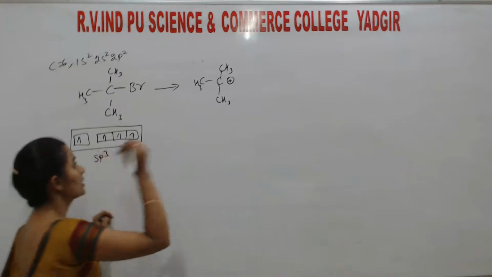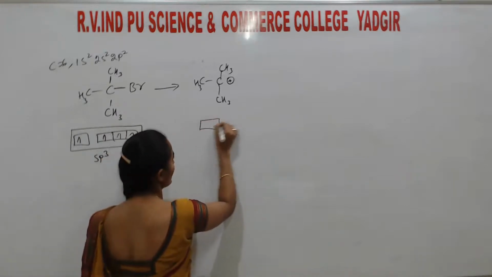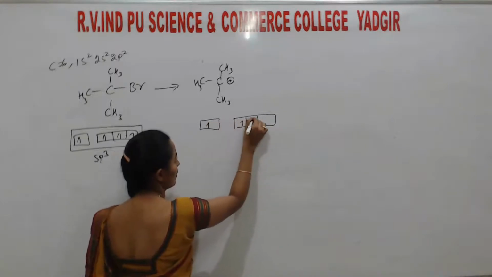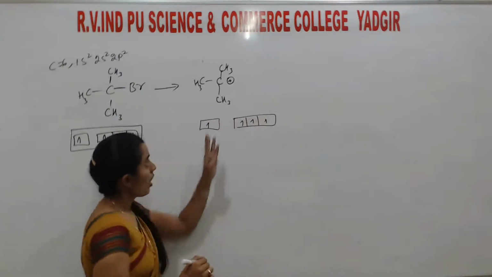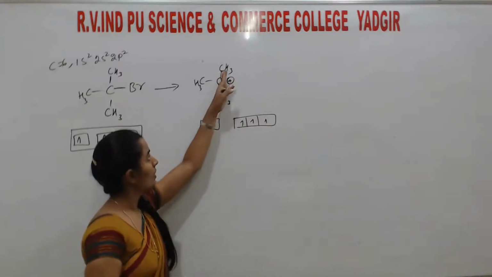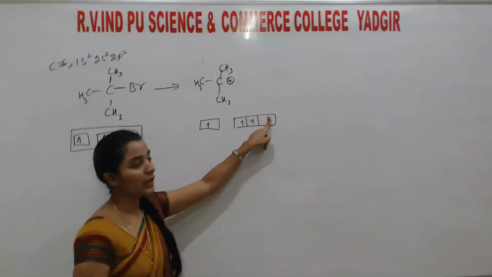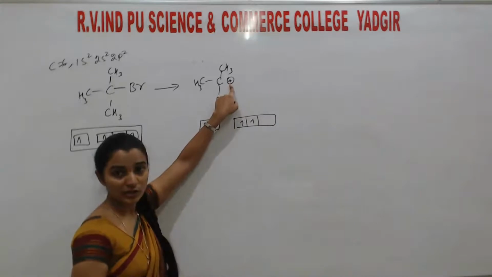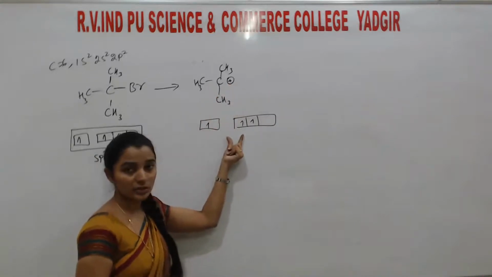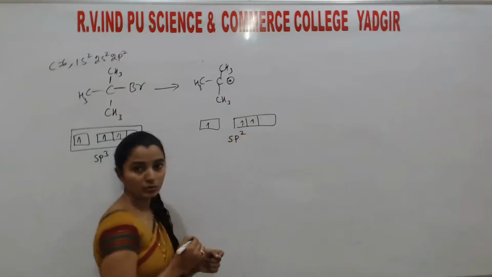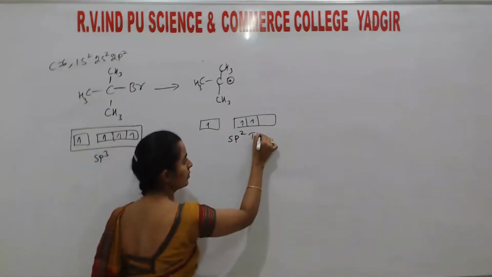Understood? Now if we write the same s orbital, p orbital for the carbocation, how many bonds are there? 3 bonds are there. At the same time, there is no electron on carbon because a plus charge is there. Which hybridization is it? 1s, 2p means sp2. sp2 is which shape?